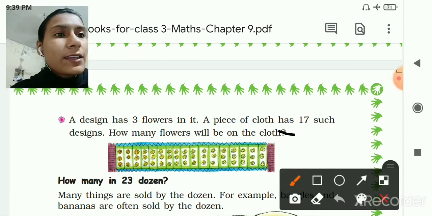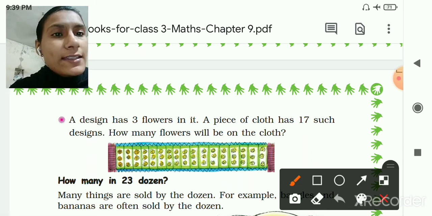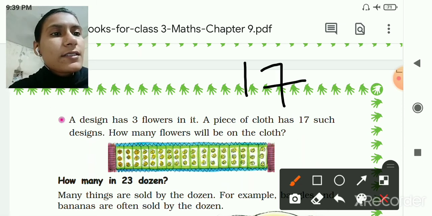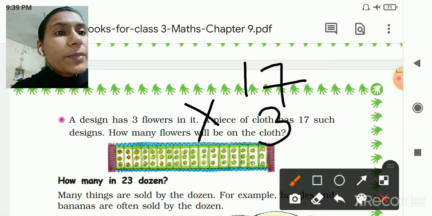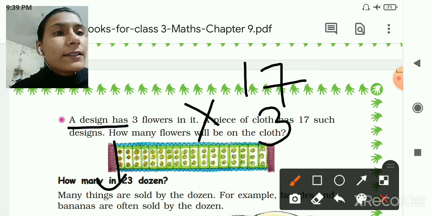If we multiply 17 multiplied by 3, we can get the answer. Why? Because a piece of cloth has 17 such designs, and a design has 3 flowers. So 17 multiplied by 3.